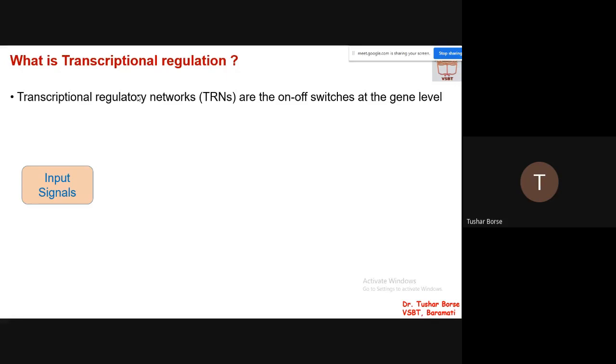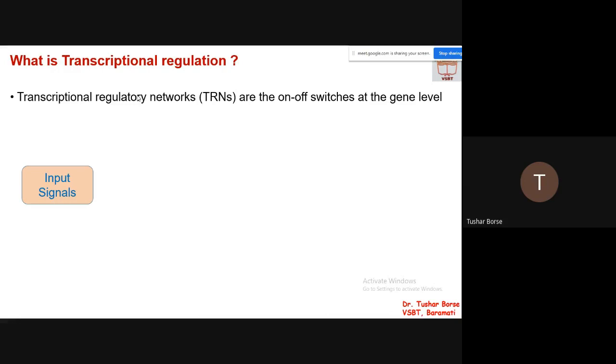If you remember, in yesterday's lecture I showed you one diagram: if you are converting a substrate into a product, that product formed will have two types of control. One is the metabolic control, meaning the allosteric mechanism, where the end product inhibits the first enzyme of that particular pathway. That you can call metabolic regulation.